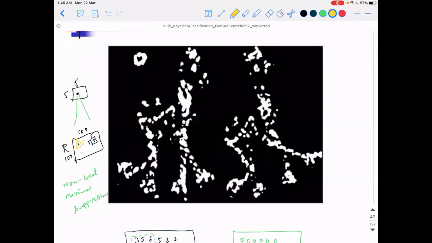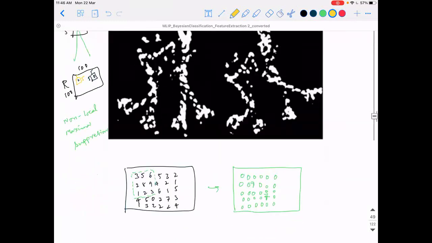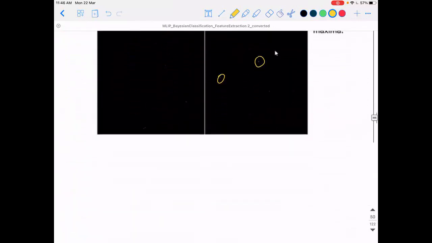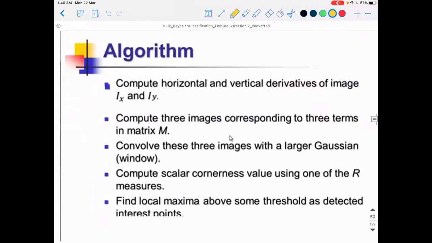You suppress if it is not the maximum among the 5x5, and retain it otherwise. But if you don't have many outputs from the previous step, you can consider 3x3. 3x3 is reasonably simpler to get more local maximas. Is that clear? Yes, sir.